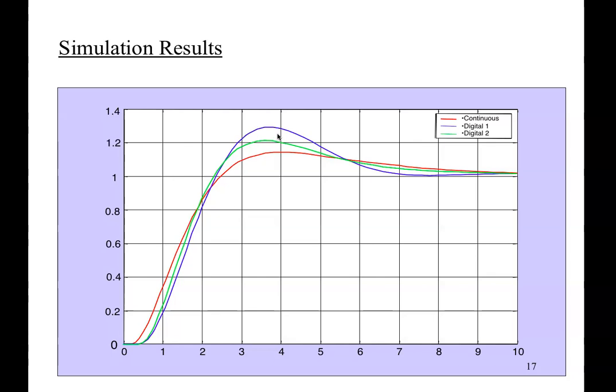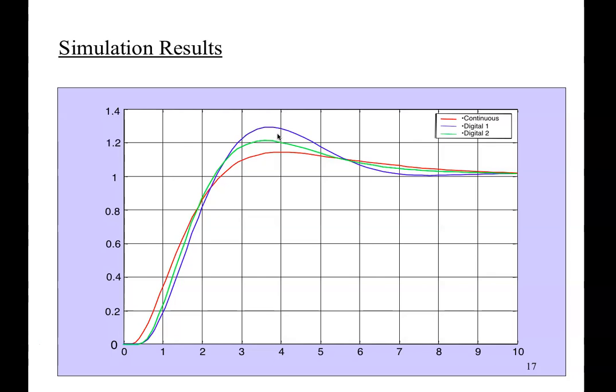The advantage of using a digital controller is that it's easy to implement, because you're writing software code rather than building electrical circuits. Electric circuits are normally what you need for implementing continuous time controllers.